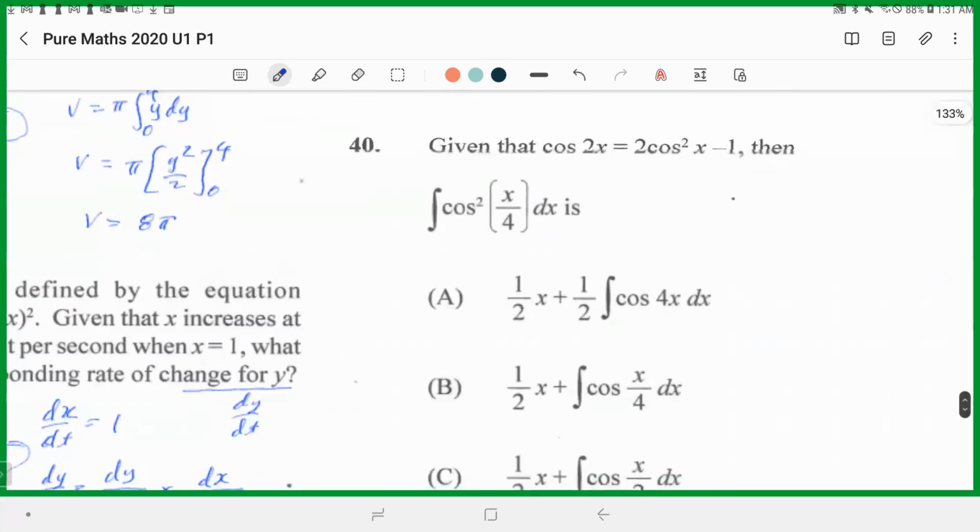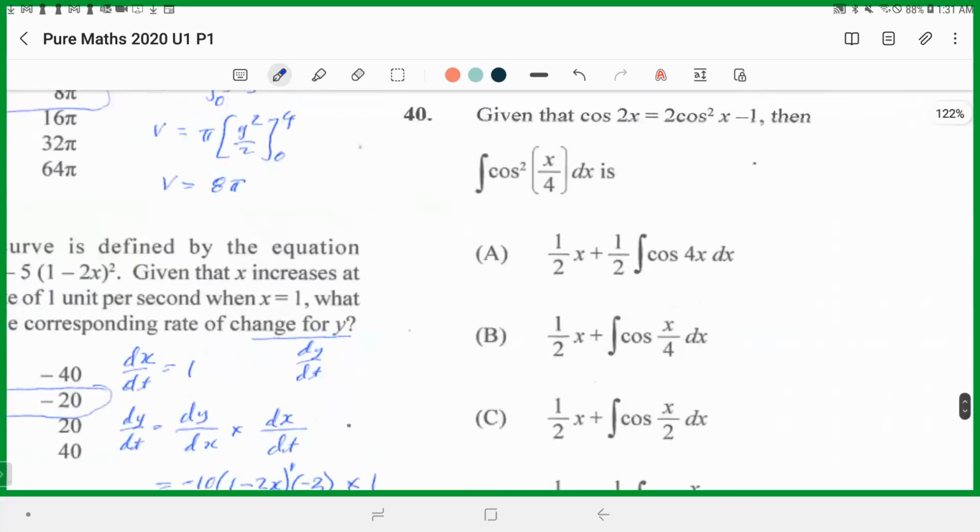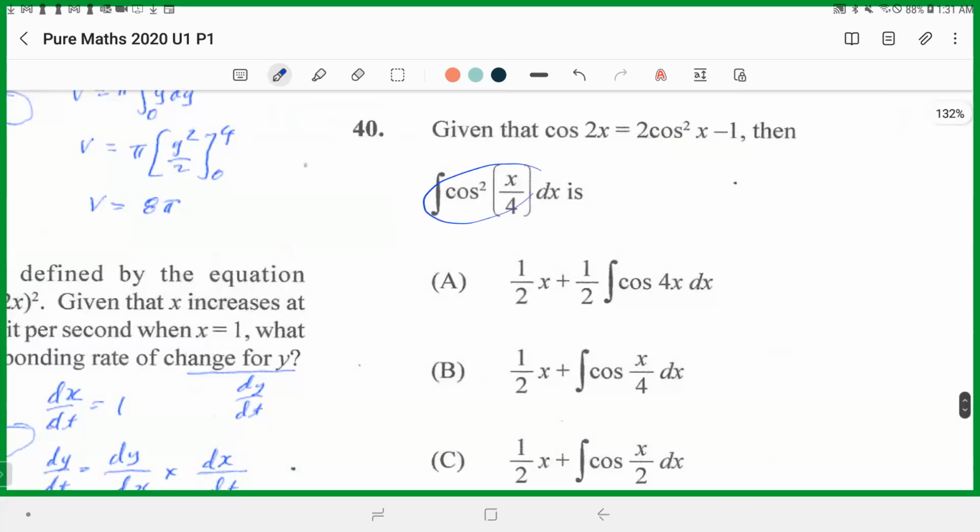39, 40. This one now, they give us this and want us to write that out, right? So I'm going to make this the subject first, so that I could carry the 1, add it, and then divide 2 by 2.